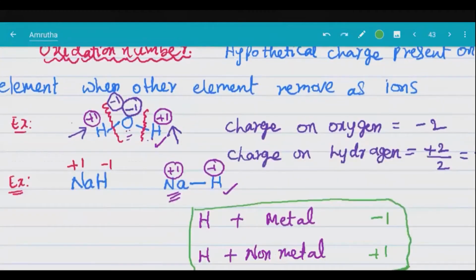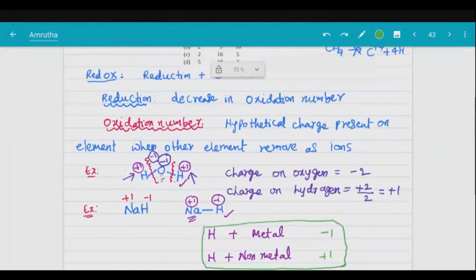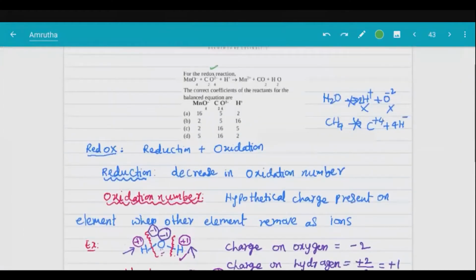So what is there here? MnO4 minus, C2O4 minus 2, H plus. Listen carefully, I'll give you a very simple trick to balance redox reactions. You can apply it to any other redox reaction. Balancing redox reaction is our topic. Focus on this. After this concept, you can balance any other reaction, whether it is acidic medium or basic medium.